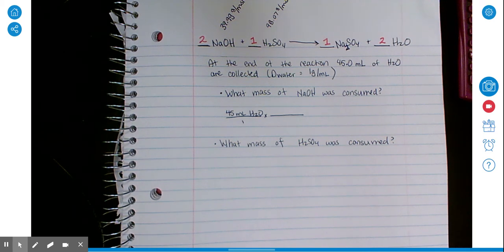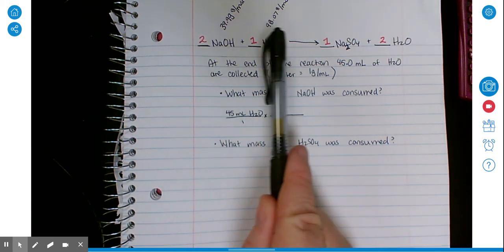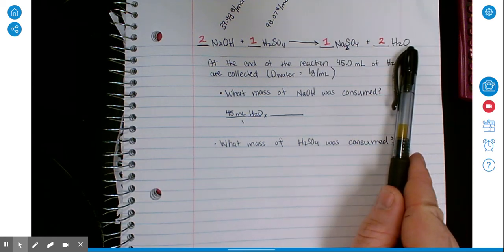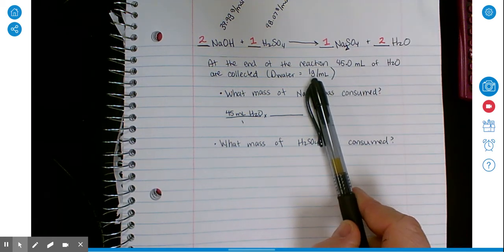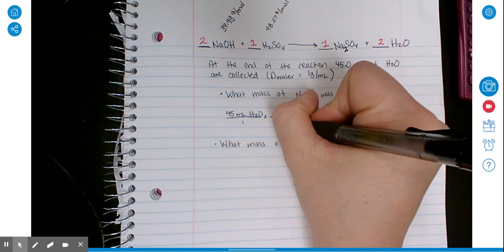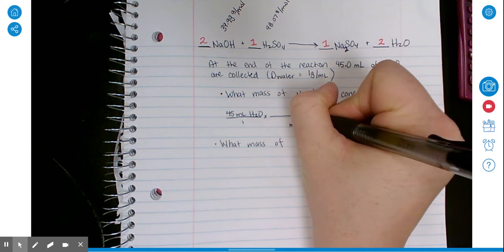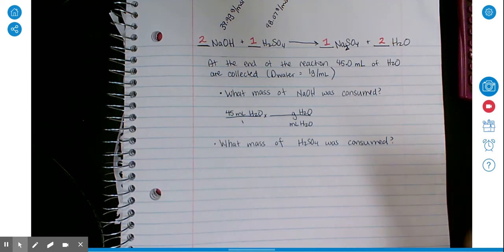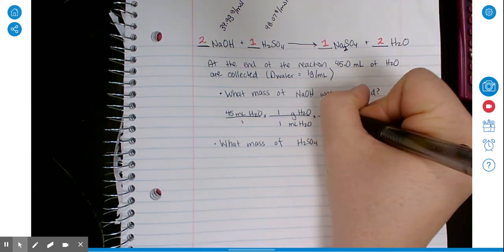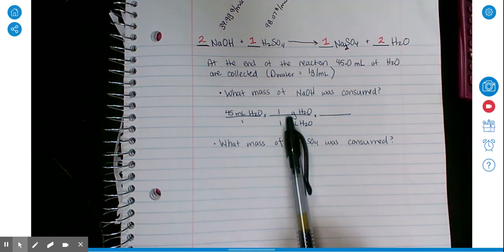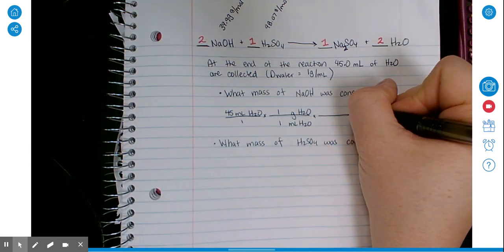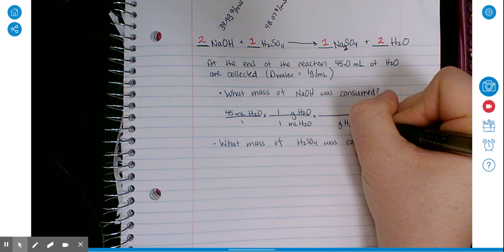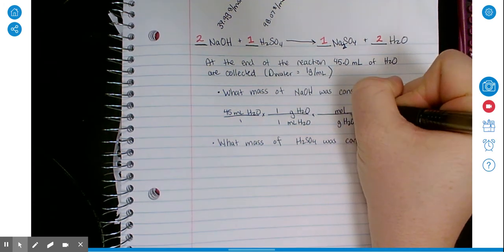Now, milliliters is not on my mole conversion. I can go grams to moles to atoms. But using my density conversion, I can convert between milliliters of water and grams of water. My density is 1, so 1 milliliter contains 1 gram. From there, I can go and switch from grams of H2O to moles of H2O.